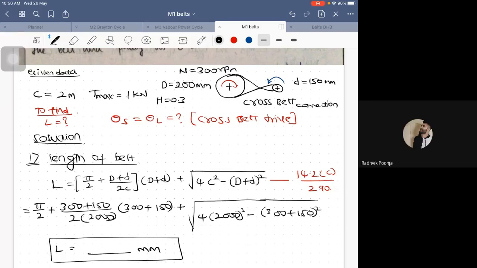Correct, sir, 200 is correct. No, 200. Here also it is 200, isn't it? Anywhere else? Now we just check the value.